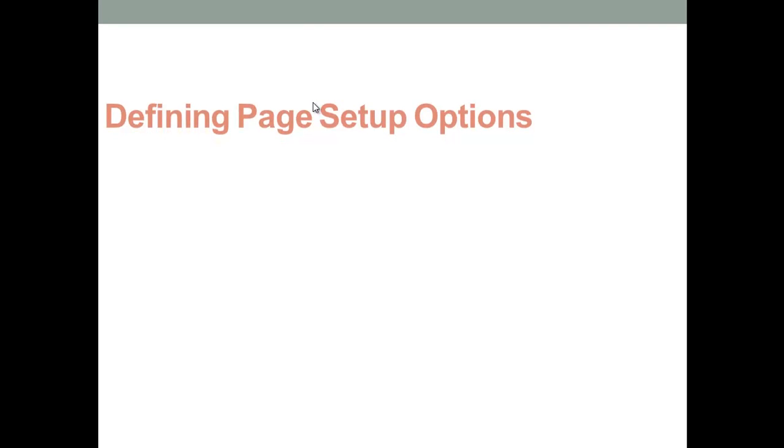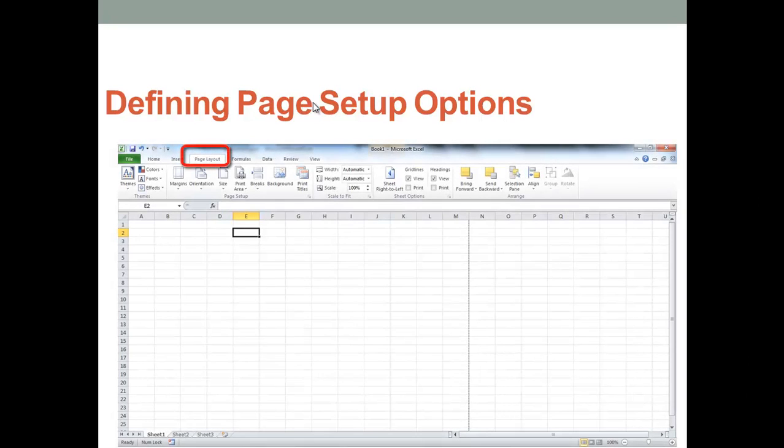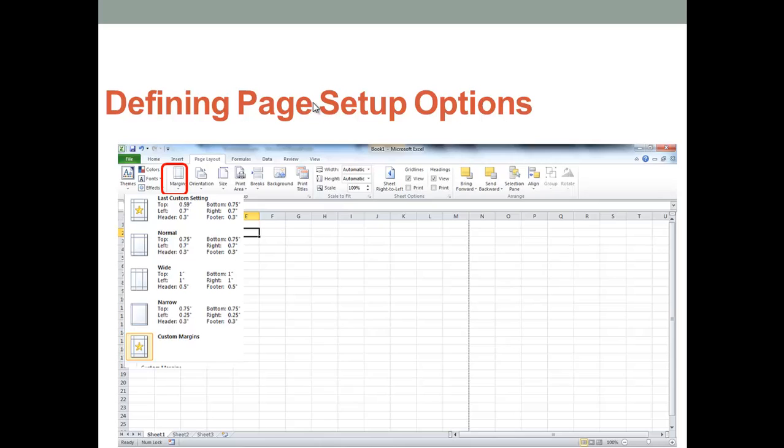You can define the page setup options from the Page Layout tab on the ribbon, such as the Margins button. The drop-down list lets you choose from one of the built-in margin settings or lets you customize your own margins.